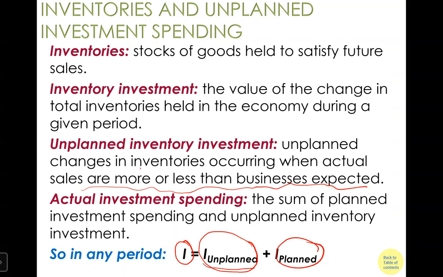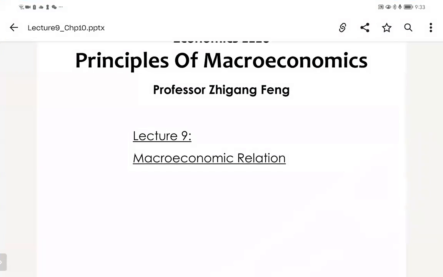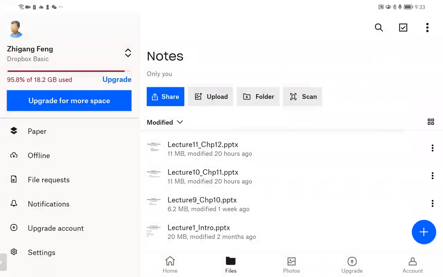So now we have finished the discussion of C as a function of Y and I. Okay, now we are ready to go to the next lecture to understand the determination of income, right?